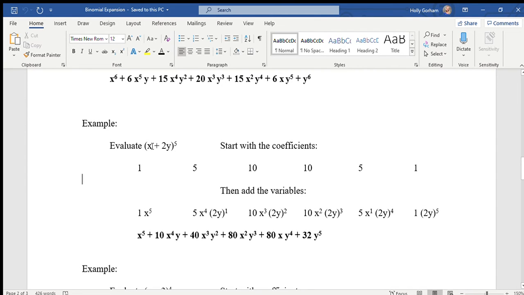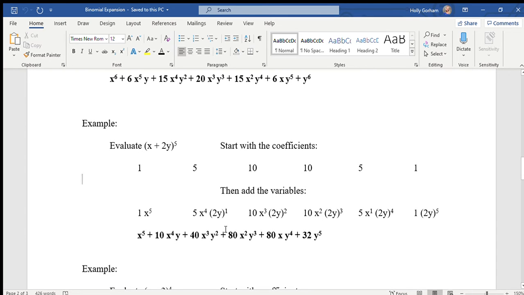So the x, which is first, is going to start to the 5th power. So x to the 5th, 4th, 3rd, 2nd, 1, none. The second term, it's not just y, it's 2y. So you start with none, but then notice you have the 2y all to the 1, 2y all squared, all to the 3rd, all to the 4th, all to the 5th.